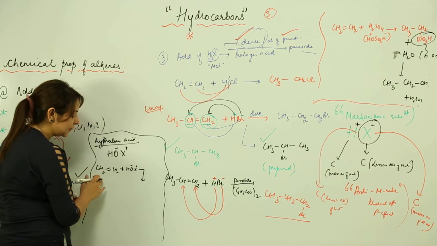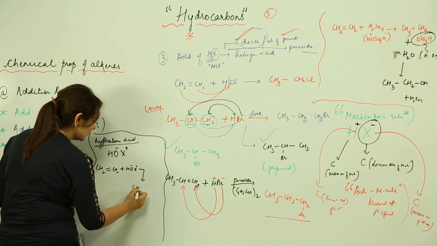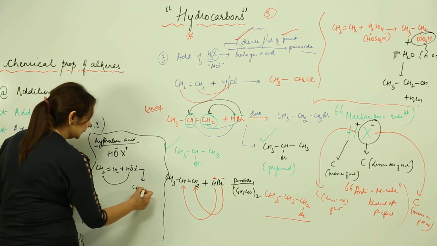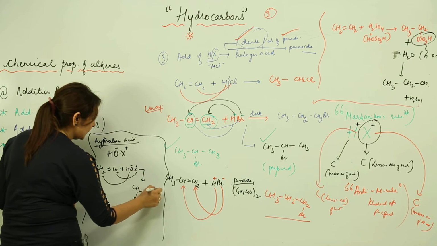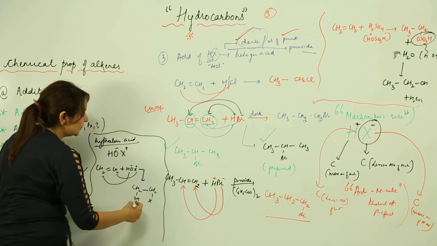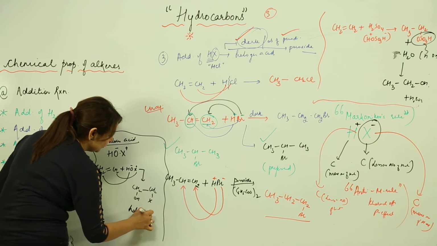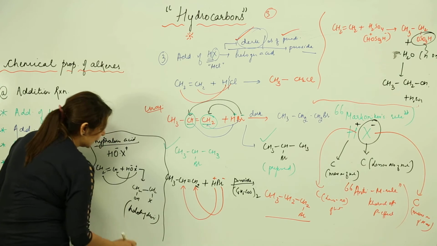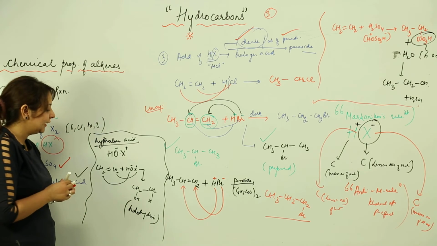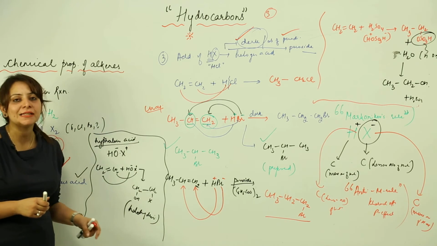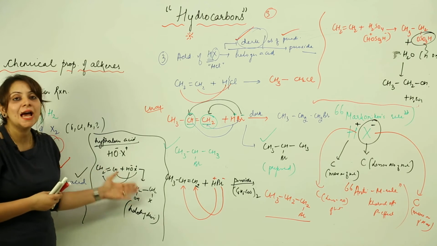As it is symmetrical you can add either side. So let's add OH here, the bond becomes single, and X this side. So this is something with the general name halohydrin. This is actually a halohydrin, which contains the halogen and is also termed a hydrin. So it is called halohydrin.